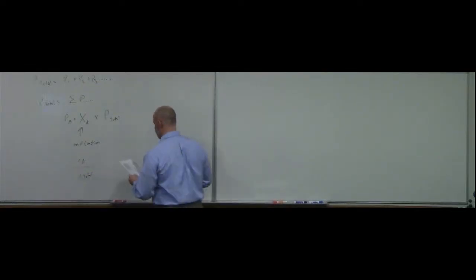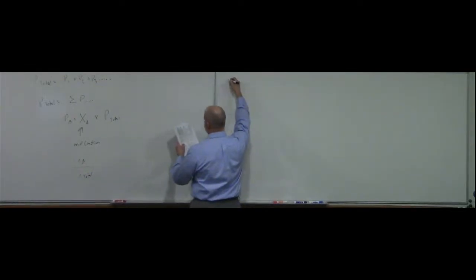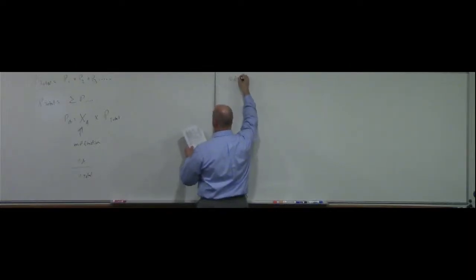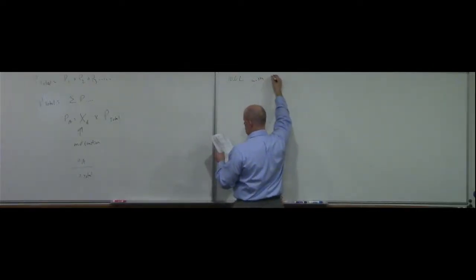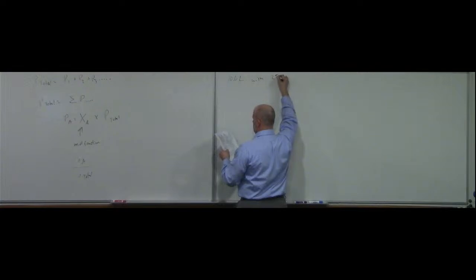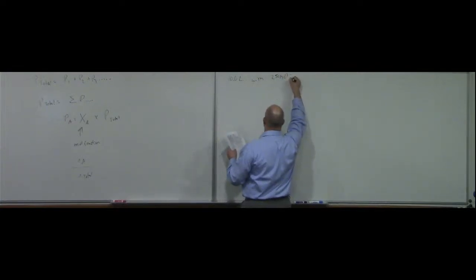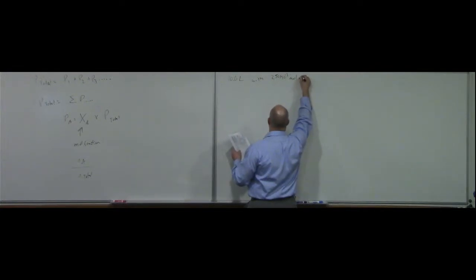Let's do some work with it. So it says we have a 10.0 liter vessel, and it contains the following. 2.50 times 10 to the negative third moles of H2.